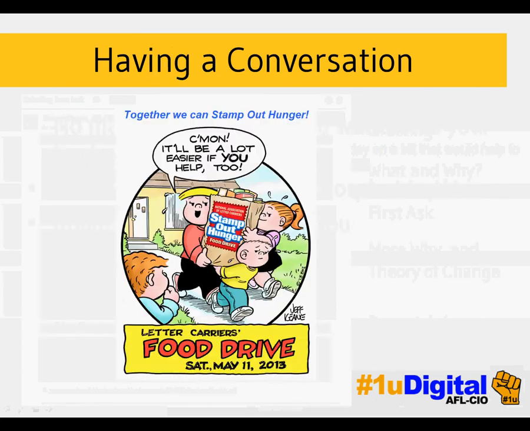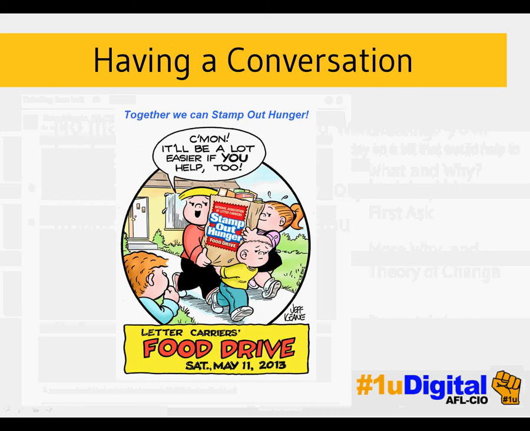So here's an example of that. I know earlier this year a lot of our organizations helped out with the letter carriers food drive. This is a good image. It sums up what's going on, and it's got some recognizable faces. But you need more in an email. You can't just send this picture. Sure, great, I like the image, but all right, what do you want me to do?